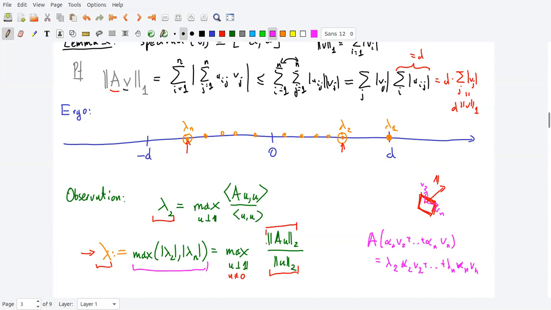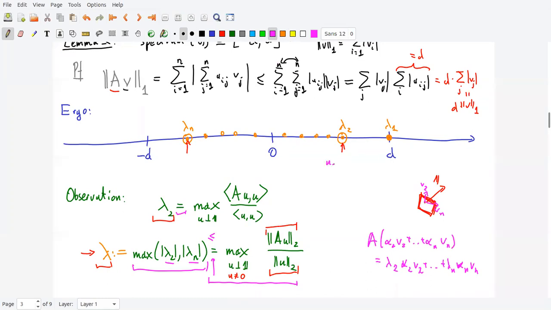Good. So this justifies this equality. Well, it actually justifies this inequality, but of course the equality is attained for the eigenvector corresponding to either lambda 2 or lambda n, depending on which eigenvalue is larger in absolute terms. This equality, well, you need to look at it a little bit closer.